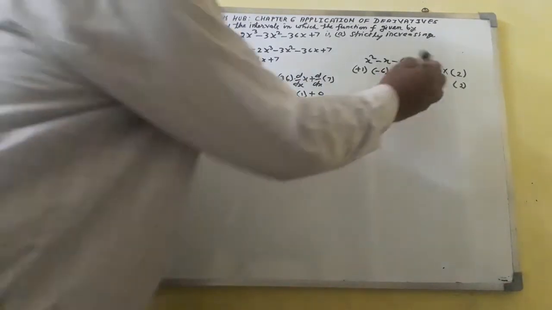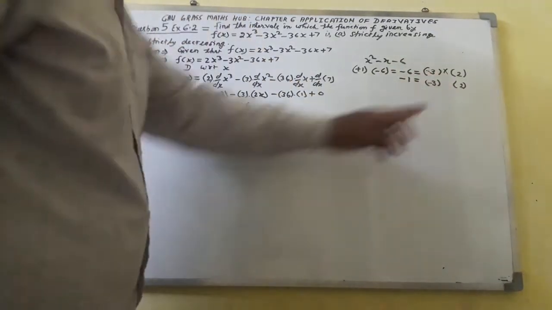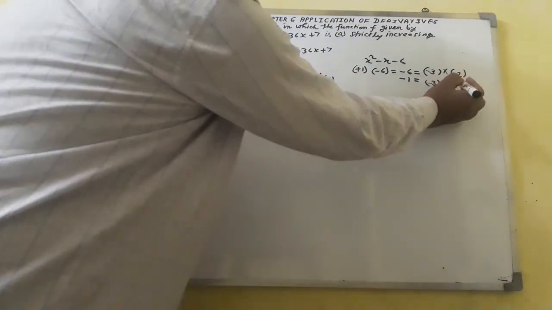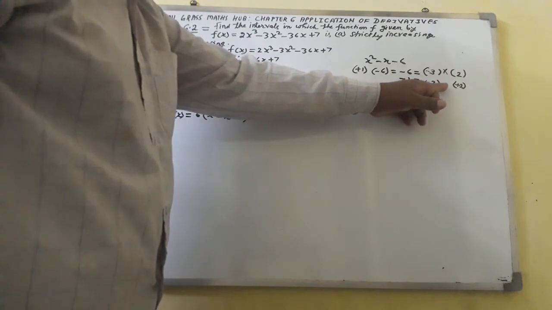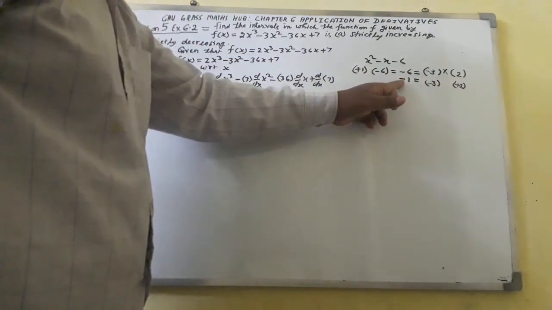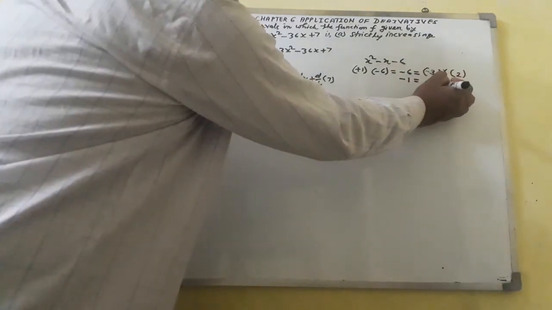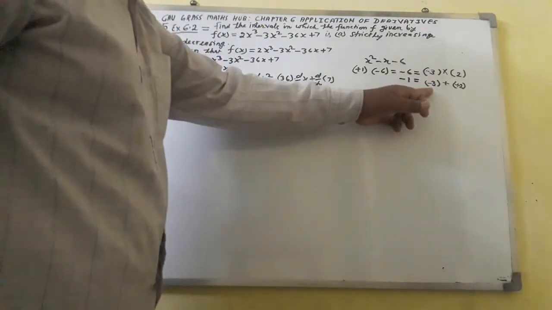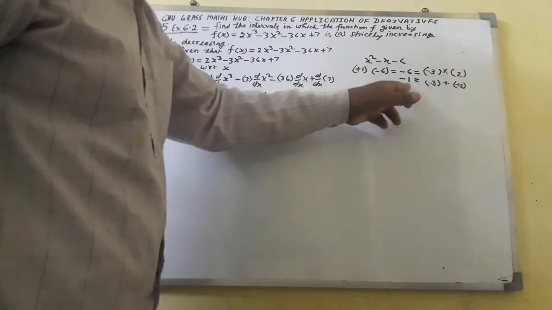Here write minus 3 and plus 2. If you put plus here, minus 3 added to plus 2 gives minus 1 easily.